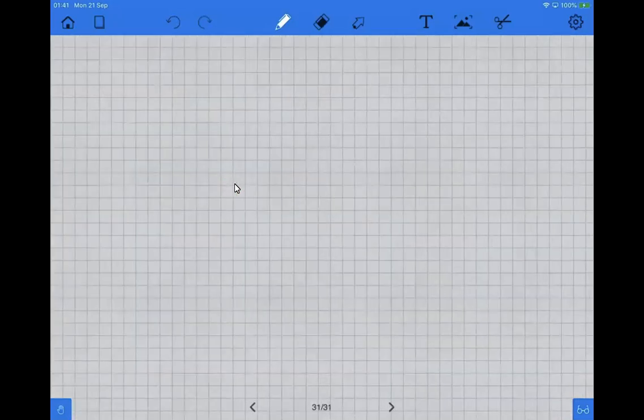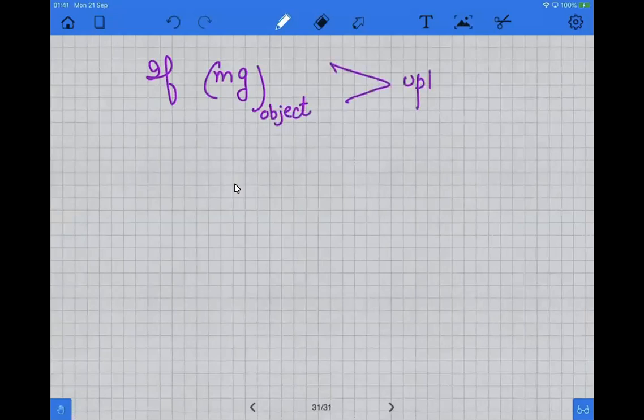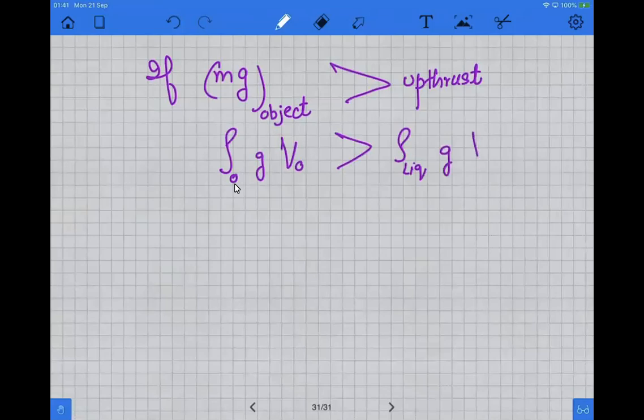For example, if mg of the object is greater than the upthrust, which gives us density of the object, g into volume of the object is greater than density of the liquid into g into volume of the object.